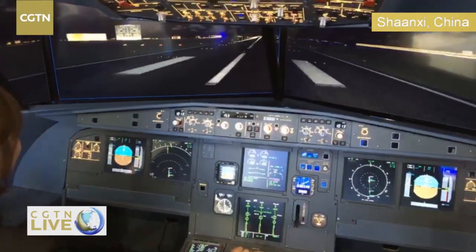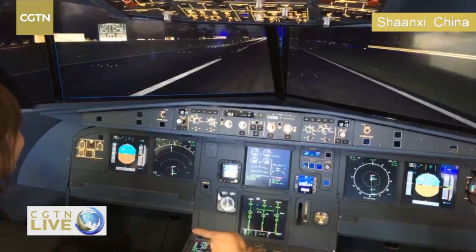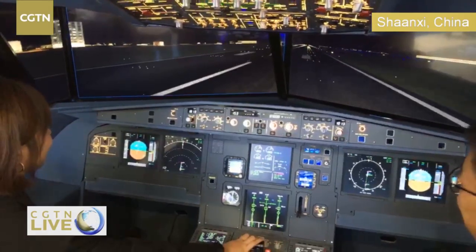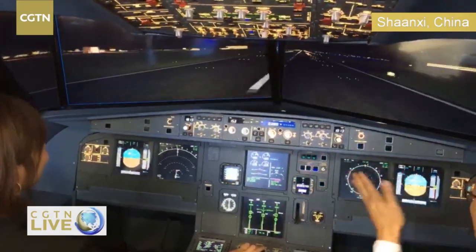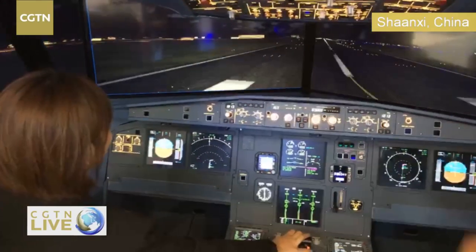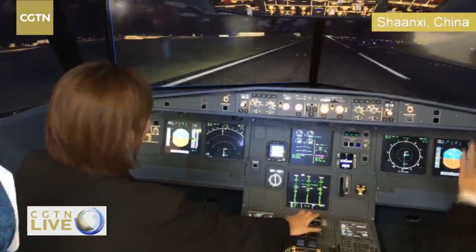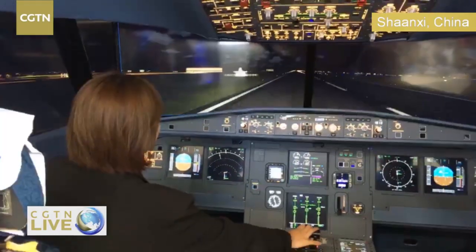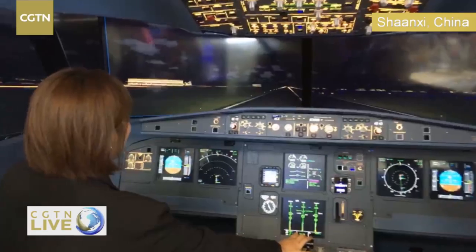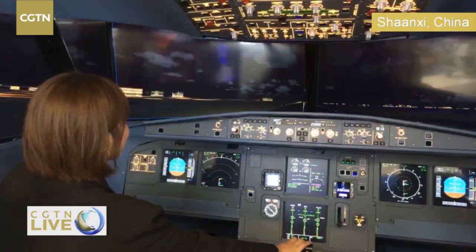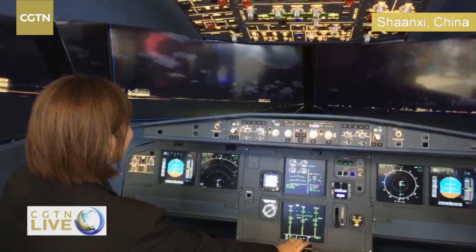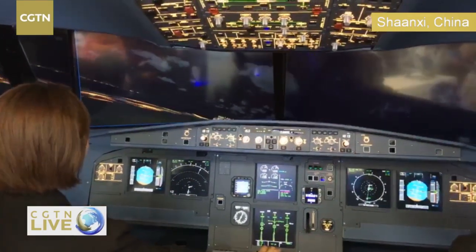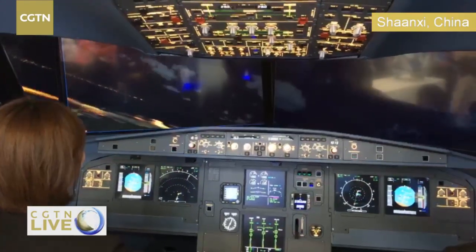So we're now adjusting the direction of the plane. Okay.